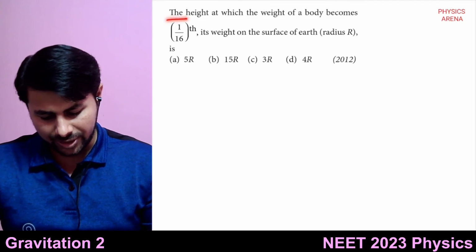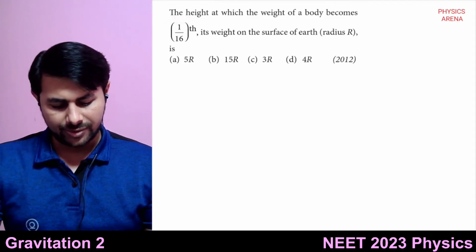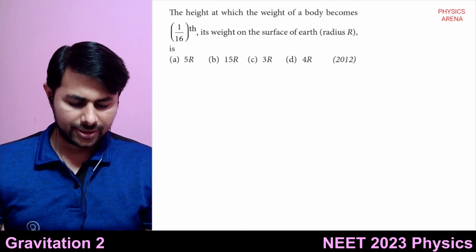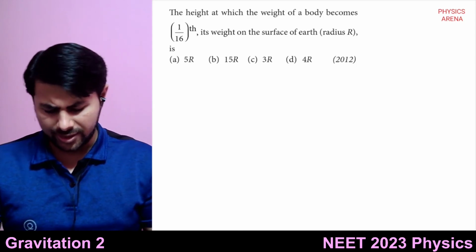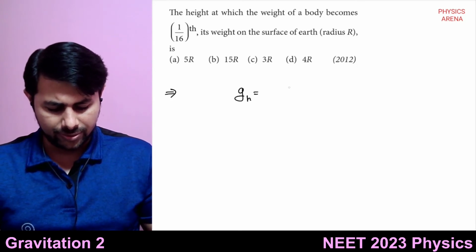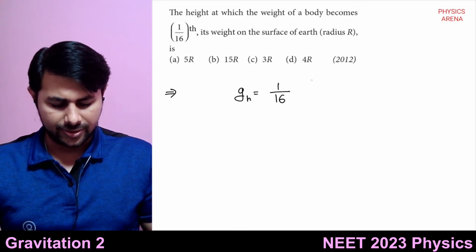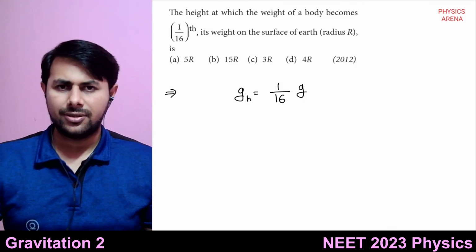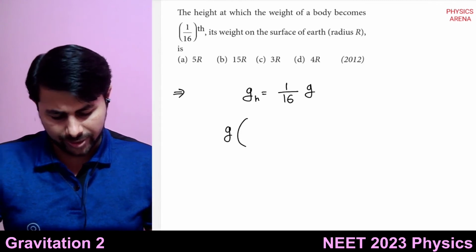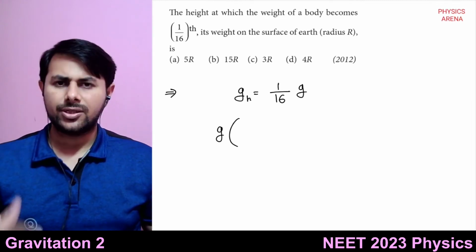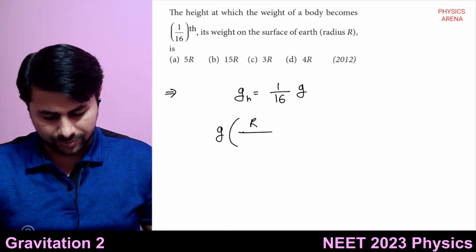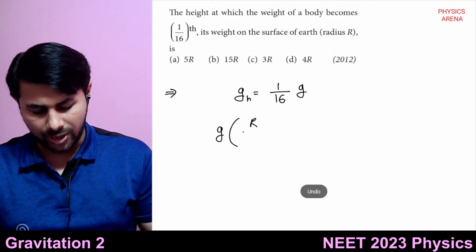Then the next question. The height at which the weight of a body becomes 1 by 16th of its weight on the surface of Earth. So this is also simple. What they mean is g_h is equal to 1 by 16th of g. We know g_h is equal to g multiplied by (r upon r plus h) square, because it becomes 1 by 16, so we have to use this formula; it will not happen for small heights.